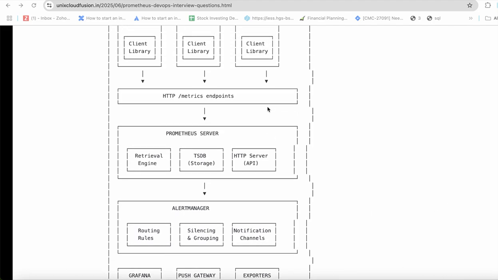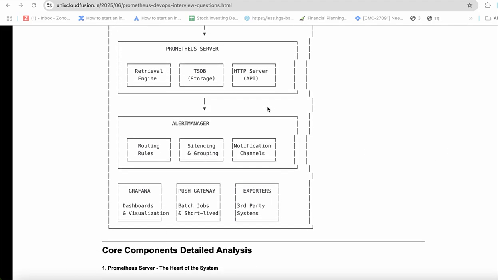If you have to group them at a very high level, just remember there are basically three layers. One is your Prometheus server, one is your alert manager, and the last one comprises your exporters, Pushgateways, and Grafana. Grafana is your visualization layer.